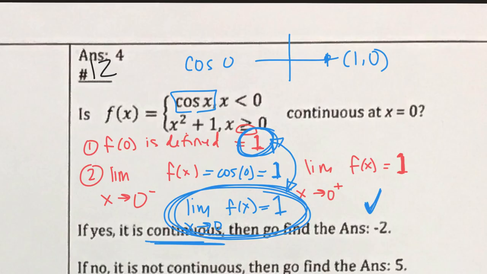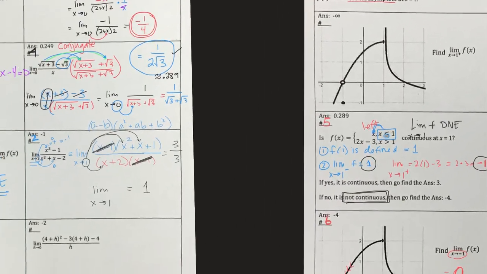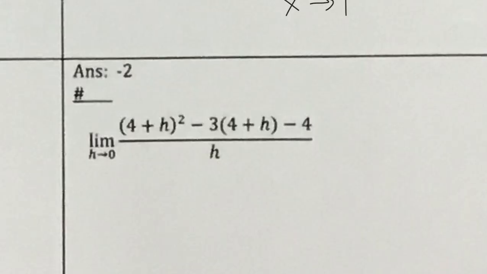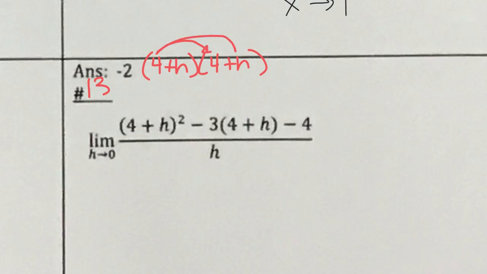So that takes us to the other side, where we have this algebraic simplification. Okay, so make sure you know how to square something. Squaring means multiplying it by itself. Okay, so 4 times 4, 4 times h, times 4, h times h, which is 16 plus 8h plus h squared.